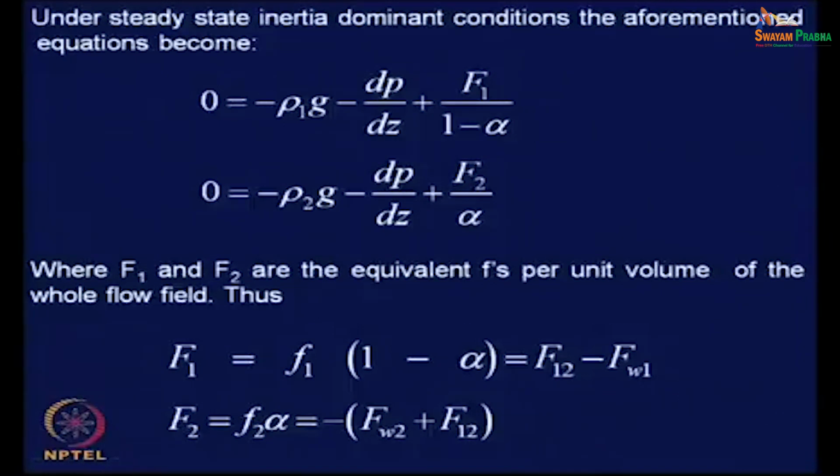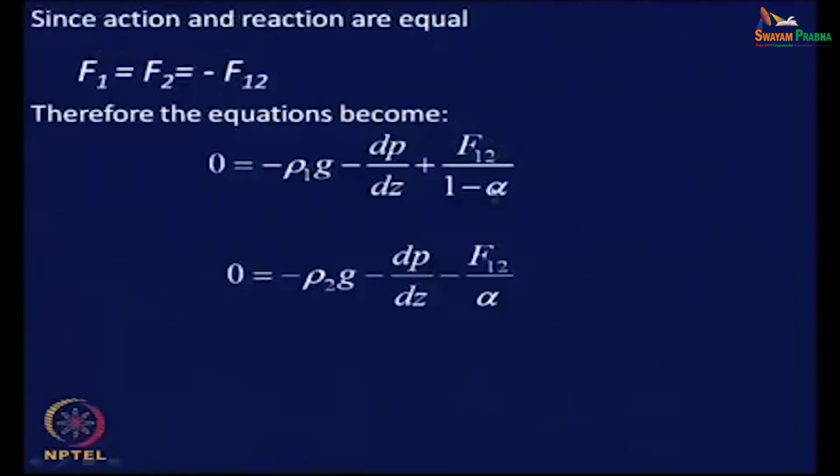Is it correct? What are the cases we have considered? We have considered the interaction between phase 1 and phase 2, wall and phase 1, wall and phase 2, and then we have also neglected the wall term here. So, these two equations which were derived are just for steady state inertia dominant conditions with the hydrodynamic drag being important.